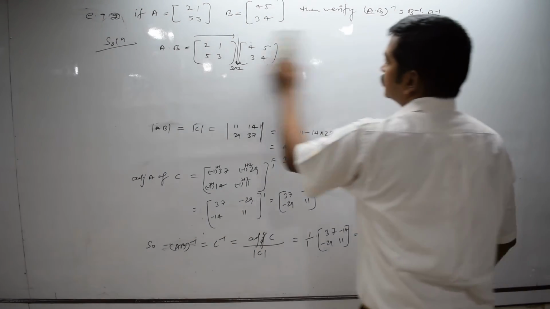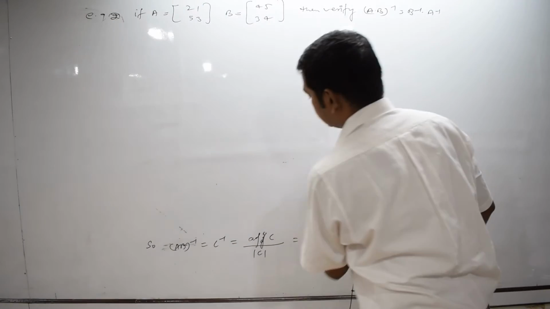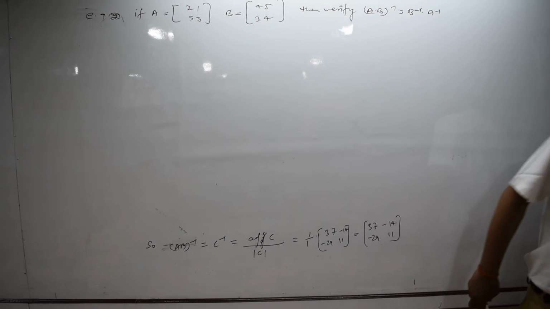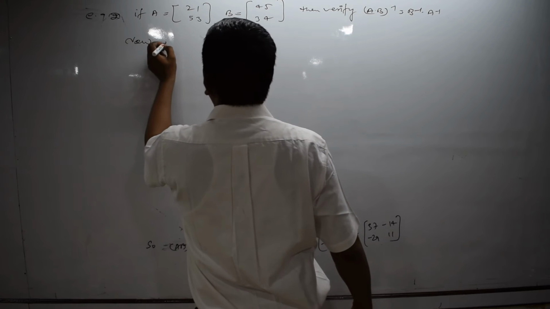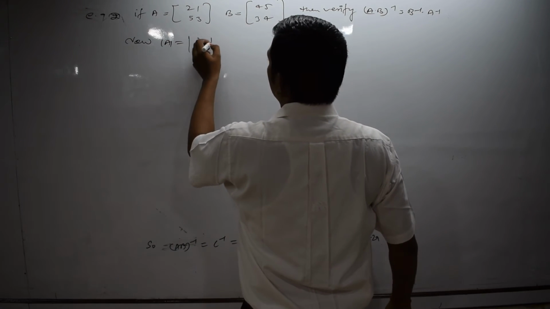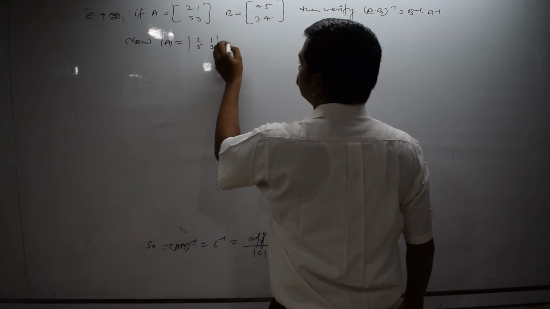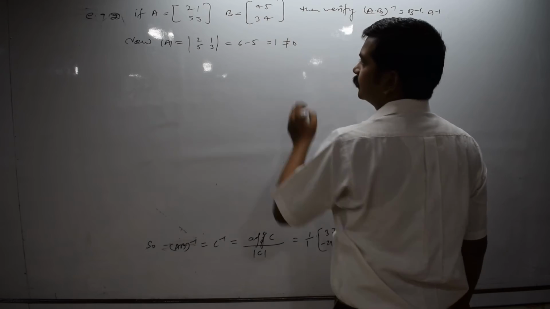Now for the RHS, we first find adjoint A, inverse A, and after that inverse B. Here determinant A, with matrix 2 1 5 3, is 6 minus 5 equals 1, which does not equal 0.